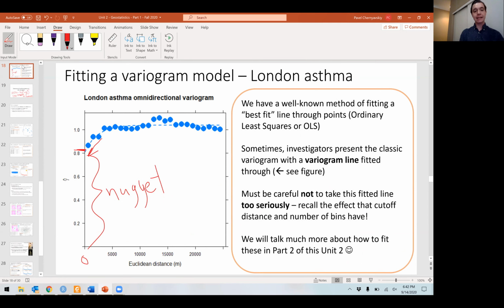The sill is sort of the maximum, call it stable value attained by the variogram. So that's right there is the sill. The sill is also an estimate of the total variance, sigma squared. The nugget is an estimate of the non-spatial variance.